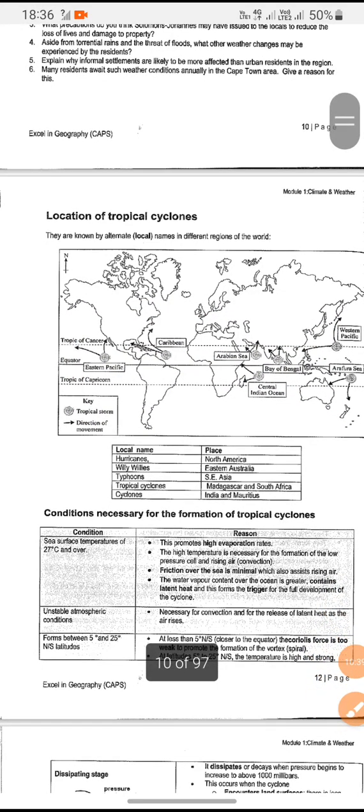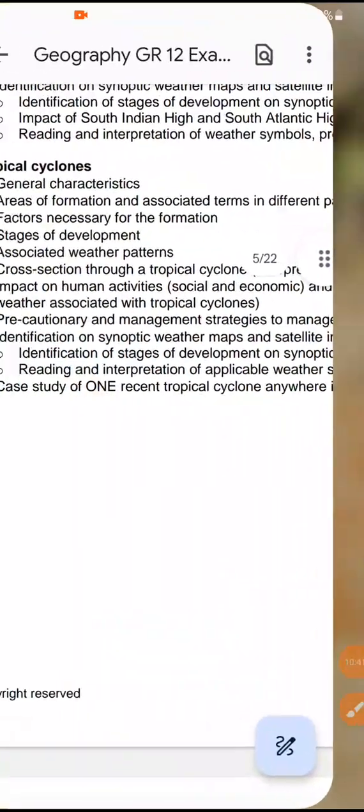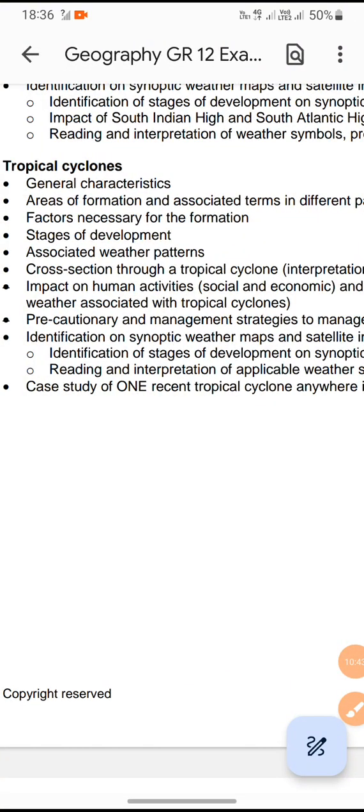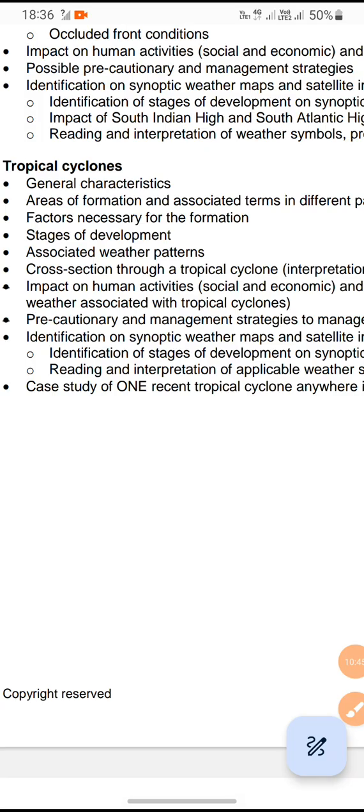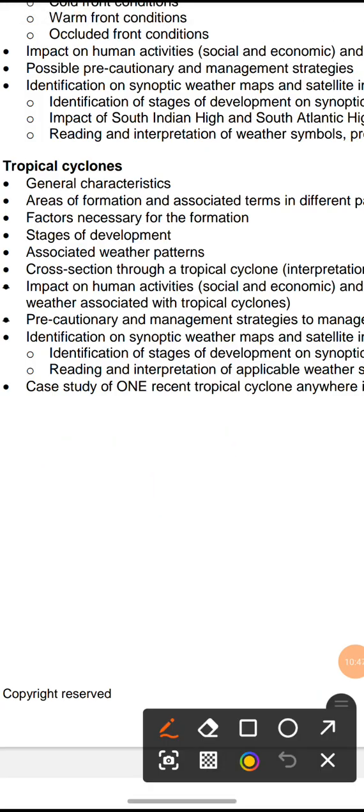So I want us to go to factors necessary for the formation. We did general characteristics and area of formation. When you are studying, use the exam guideline. This is your scope.